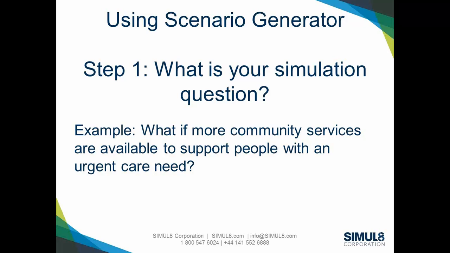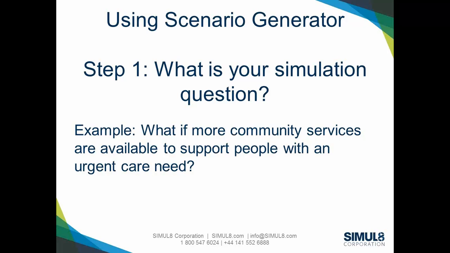So I'm going to take a stepped approach to this, and when you're starting to use Scenario Generator, step one really is to ask what is your simulation question. You could of course set up flows to represent your system and play about with them, but a simulation is really only useful if it's answering a question that you have.